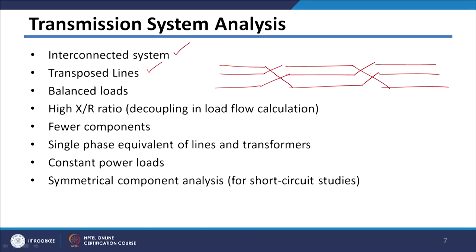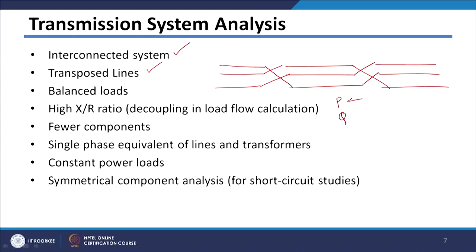Then we know that the X by R ratio of the transmission system will be very high. Because of this high X by R ratio, decoupling is possible. Means your P and Q can be controlled separately.